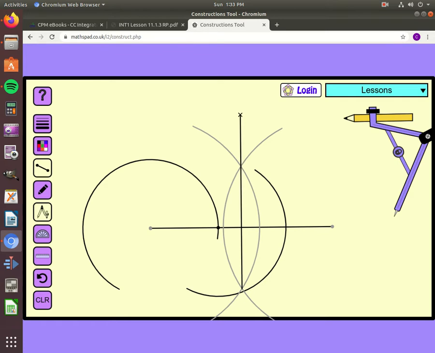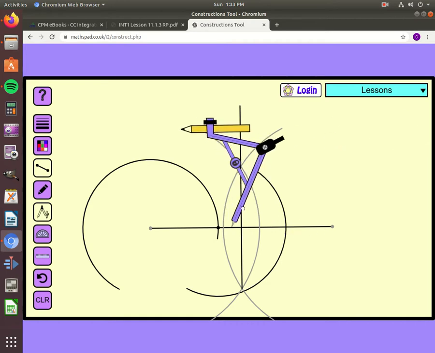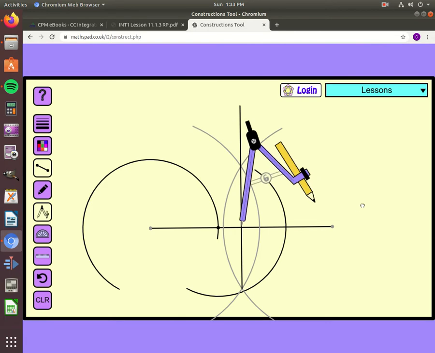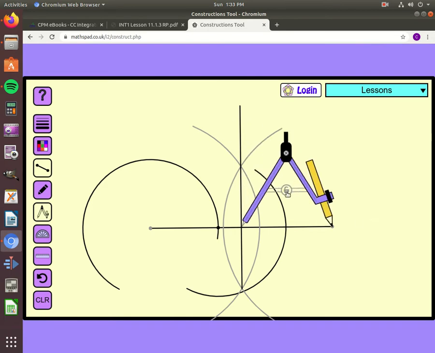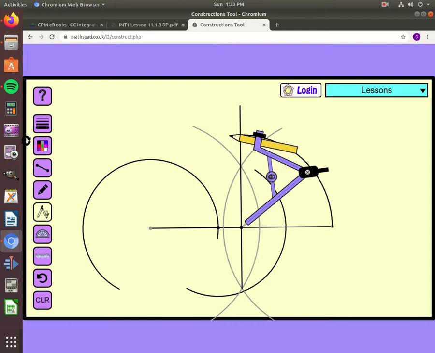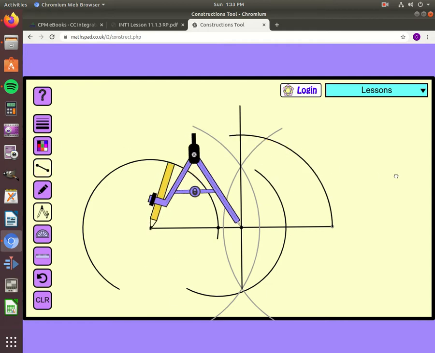I know that if I go from here to here and connect that up here, that these have to have the same length, right?